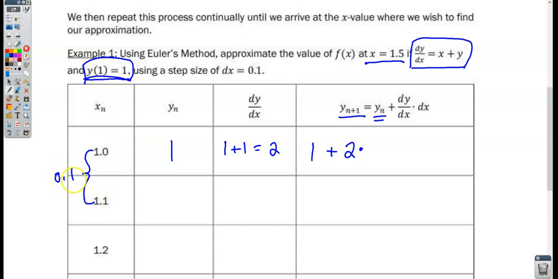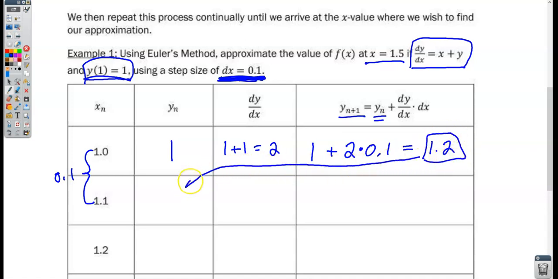In this case, that's 0.1. We were told that in the problem. And this gives us a new y value, which I'm going to bring right over here. That's my approximated value for the function at x equals 1.1.